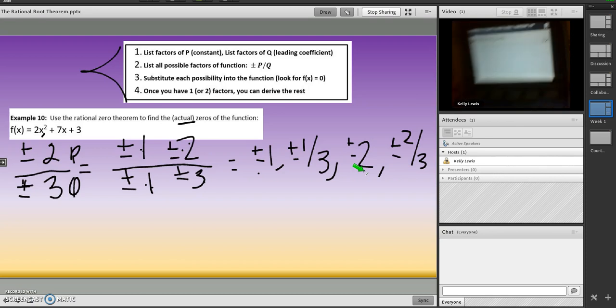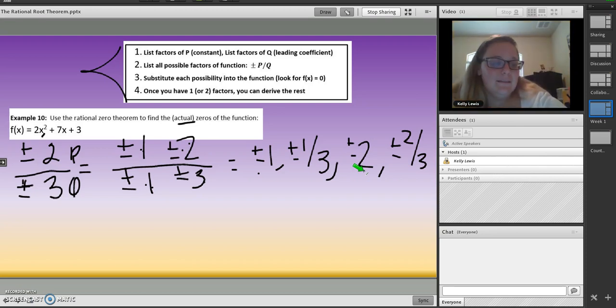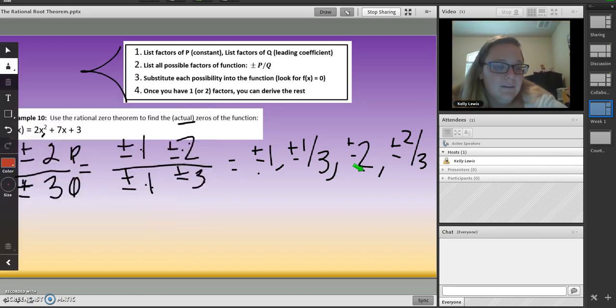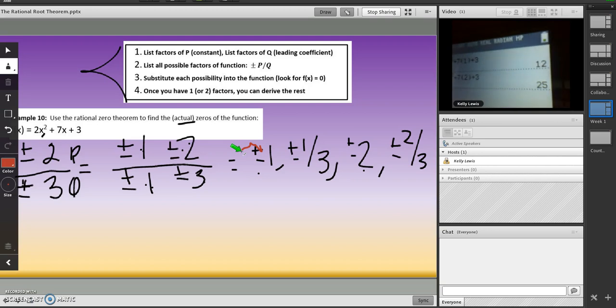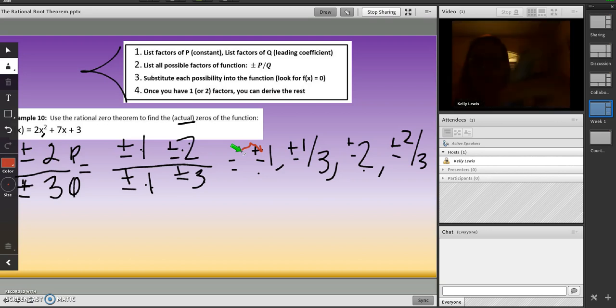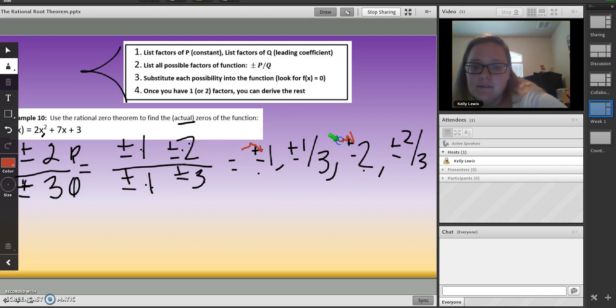I get 12, so that means positive 1 is not it. Now I'm going to substitute 2, and I do the positive first. I get 25, which means positive 2 is not it. I'm going to substitute negative 1.